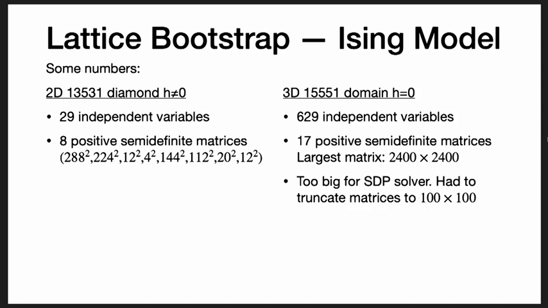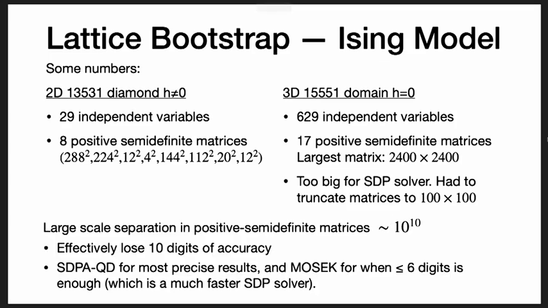For example, the largest one was 2400. This turned out to be a little too big in our experience for the SDP solvers; it was just too slow. So one thing we did was truncate to the first 100 by 100, something totally naive. We dropped a bunch of information, but still imposed some positivity, and it still led to some rigorous results.